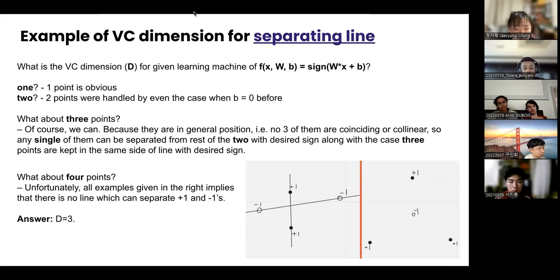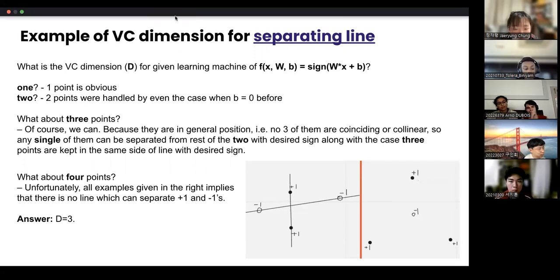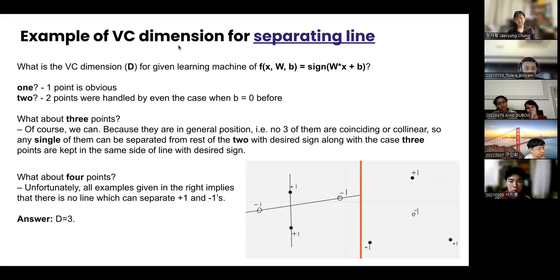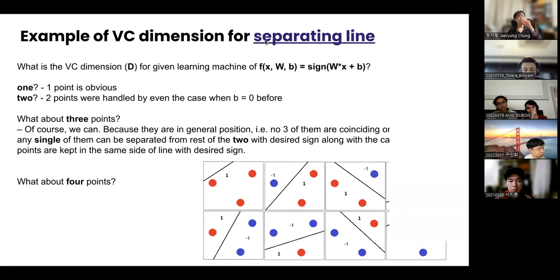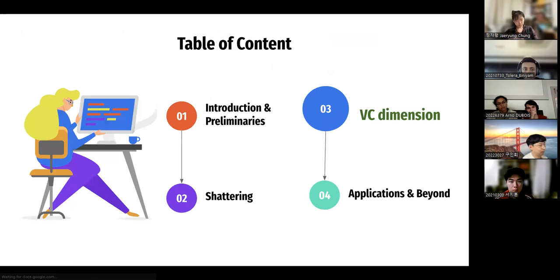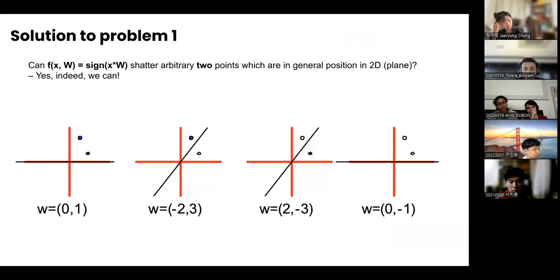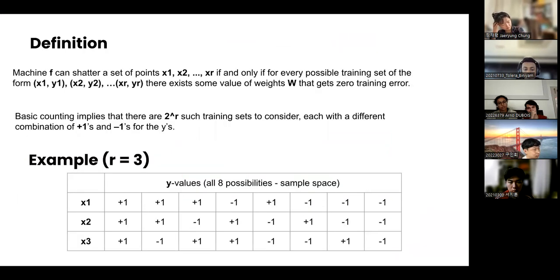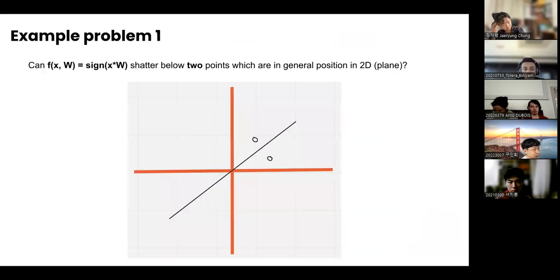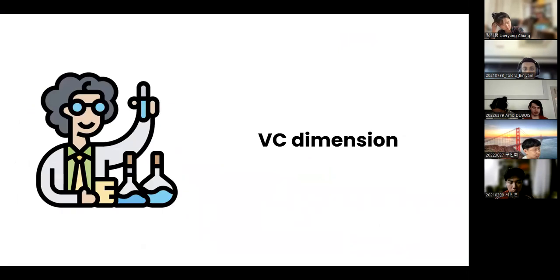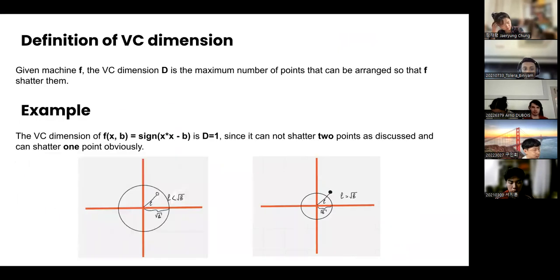Shattering a point set means that every subset should be separable by the type of ranges, either by a line or by a circle or by a triangle, or in higher dimension. That's what it means to shatter a point set, that every subset should be separable. And the VC dimension is the largest number of points that can be shattered.